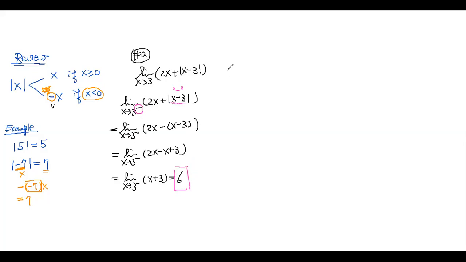Okay, so now let's take a look at the limit as x approaches 3 from the right-hand side. This is 2x plus absolute value of x minus 3, right? Okay, so now take a look. If you approach from the right-hand side, that means x is greater than 3. So whatever is inside here will be a positive value, correct?